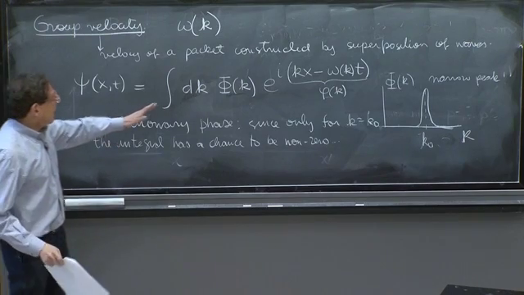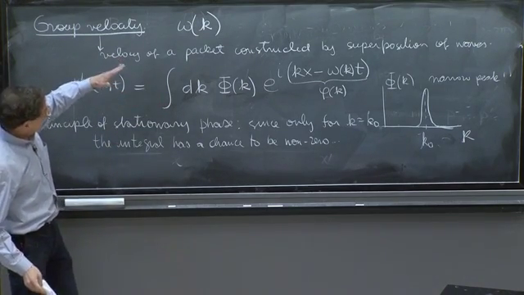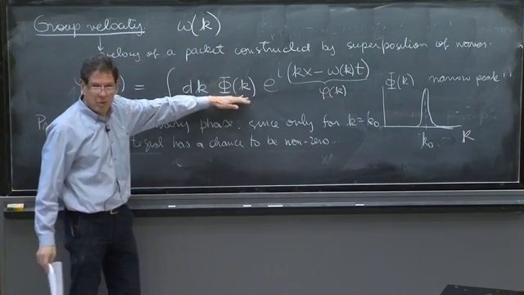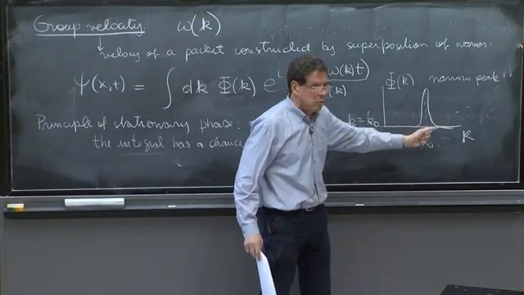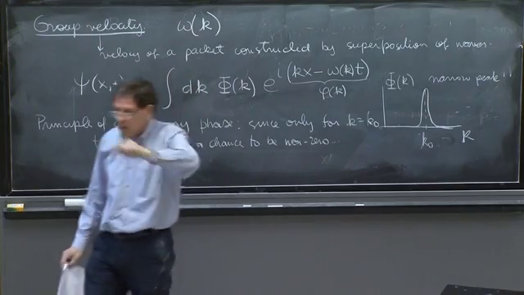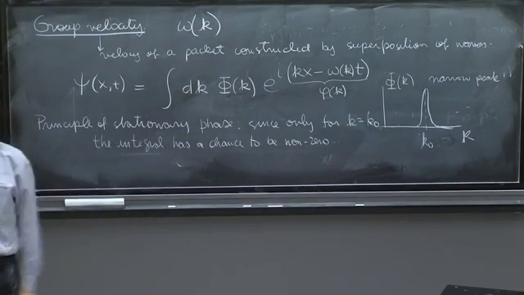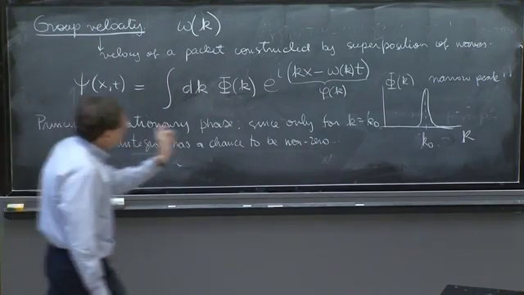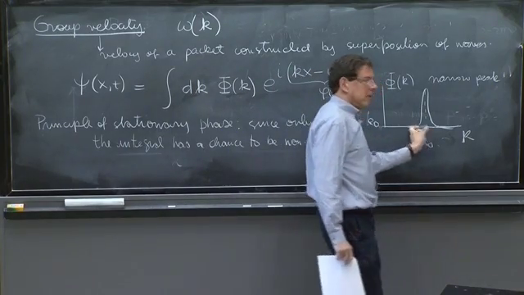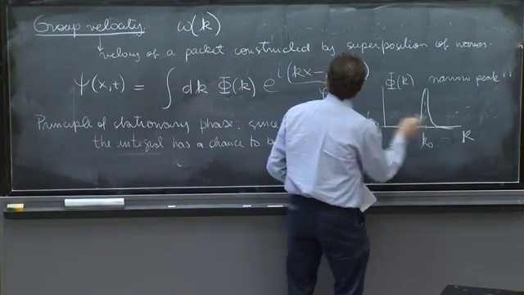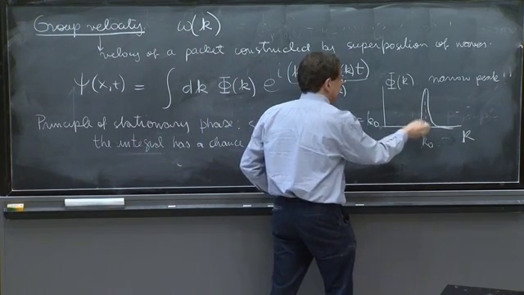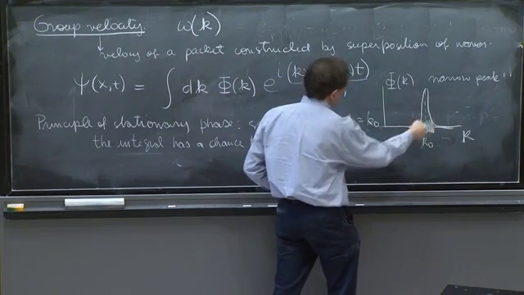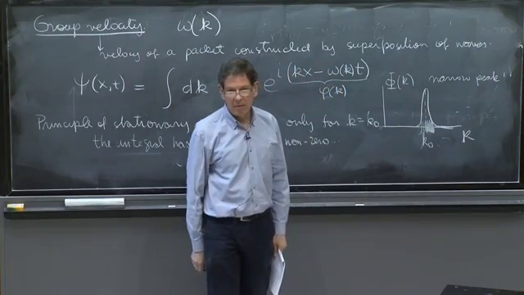So here's what I'm saying. Look, the only place where this integral contributes, we might as well integrate from k0 minus a little delta to k0 plus a little delta, because this whole thing vanishes outside. And if we're going to integrate here over this thing, it better be that this wave is not oscillating like crazy, because it's going to cancel it out.